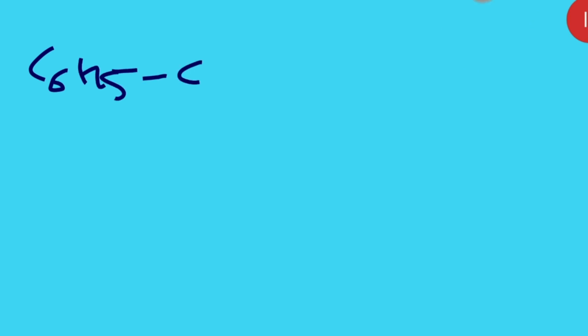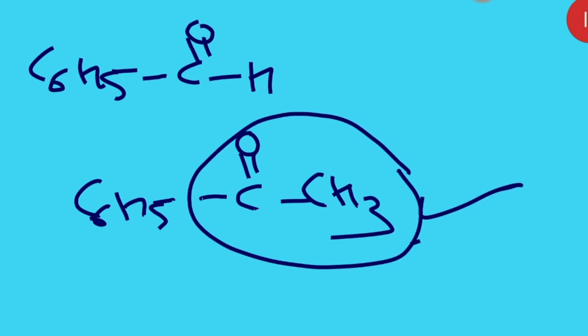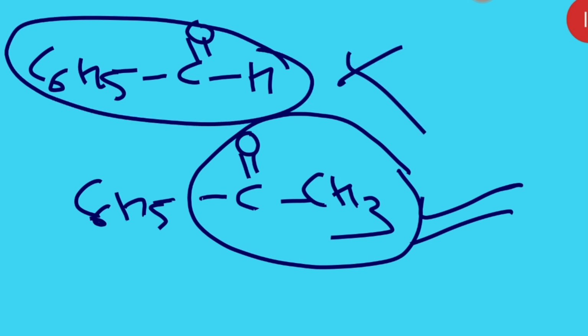Same way, one more example I am writing in front of you: C6H5CHO, and here I am writing C6H5COCH3. Now tell me which one will give? Yes, obviously this one contains the COCH3 group, so it will give the iodoform test. This is not going to give the iodoform test. Same way, one more example.